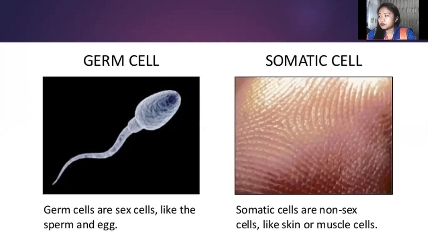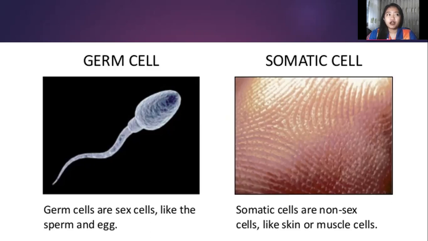Meiosis occurs in sex cells to maintain the number of chromosomes. Each sex cell contains half the number of the total chromosomes in a person. For example, for us humans, the total number of chromosomes is 46. If we divide that into two, it will be 23: 23 coming from your mother and 23 coming from your father.